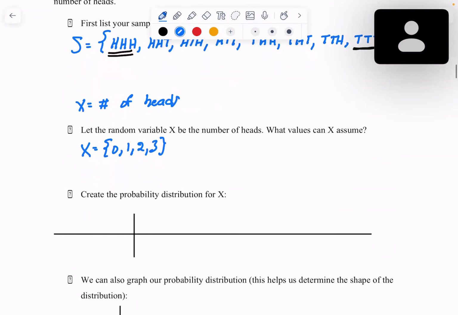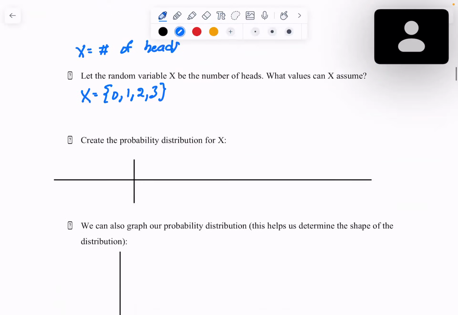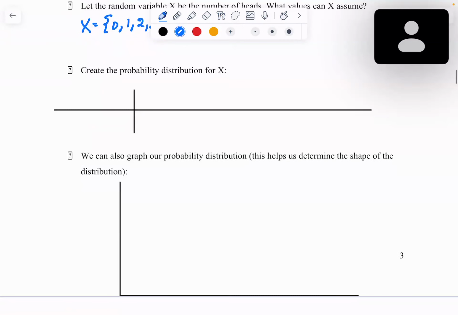Now what we want to do is create the probability distribution for this. What I'm going to do is first list out the number of heads at the top.